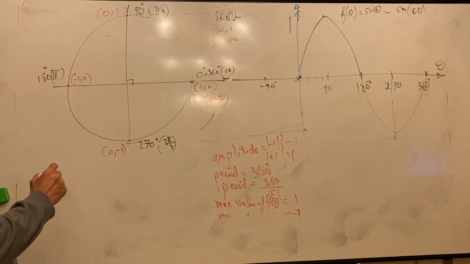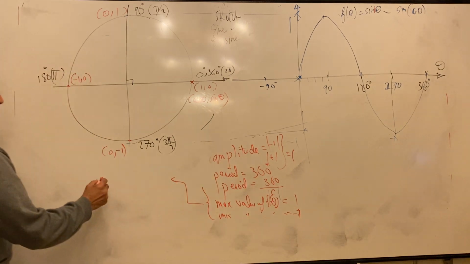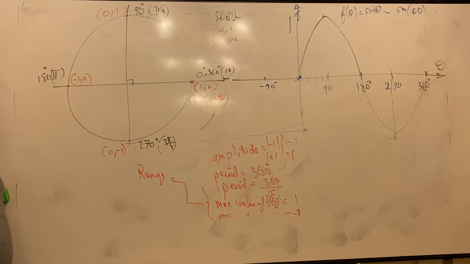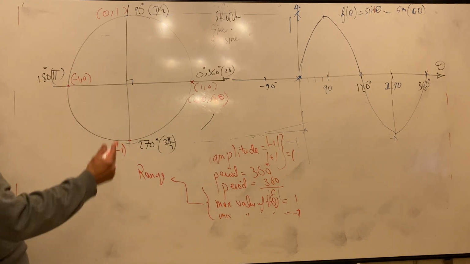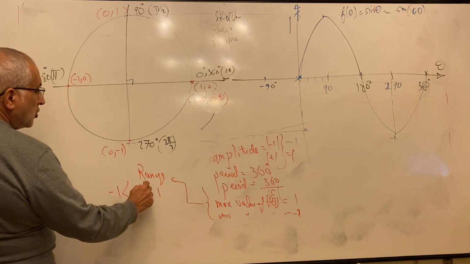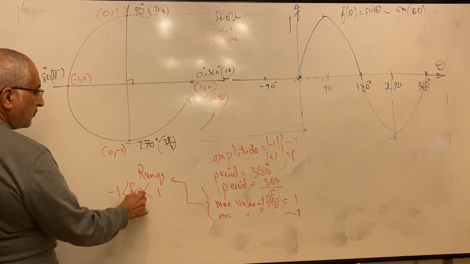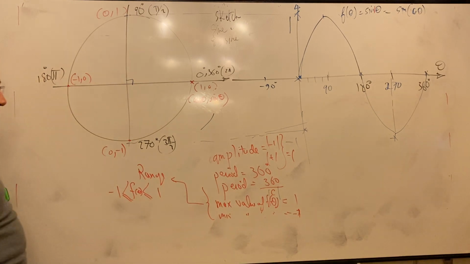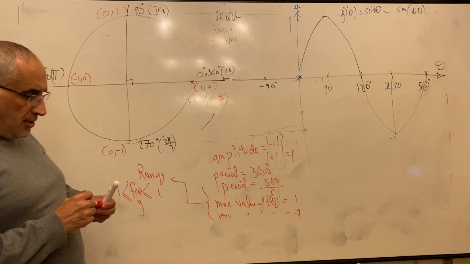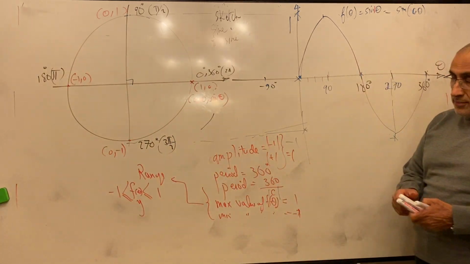From both of these, I can get the range. And you all know the range is the y values. So the maximum value is 1, while the minimum value is -1. So the range of this function, which is called f of x, f of theta, f of t, always goes between -1 and 1. And that's the y value. Simple, quick discussion about that function. Let's look at the second part of the function.